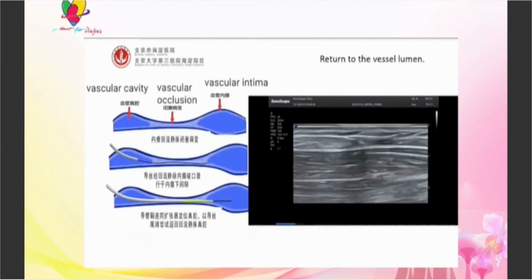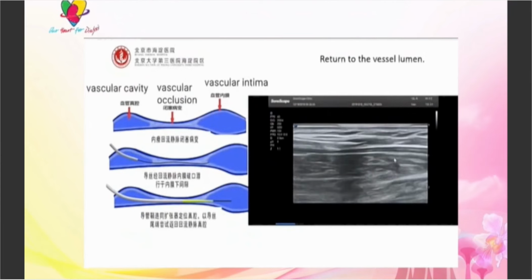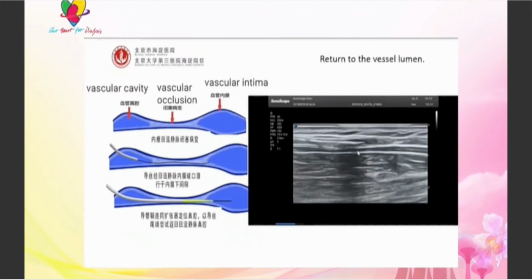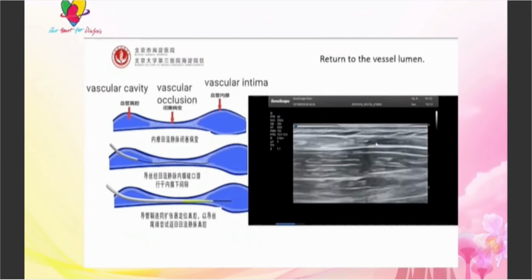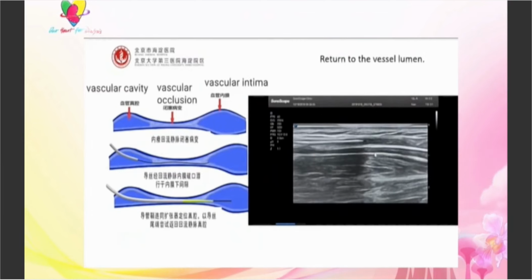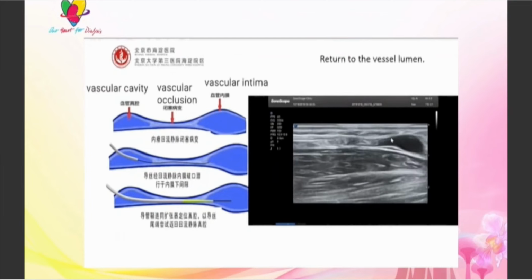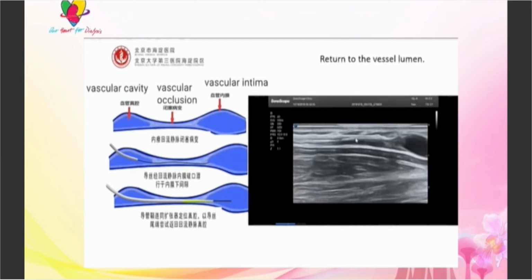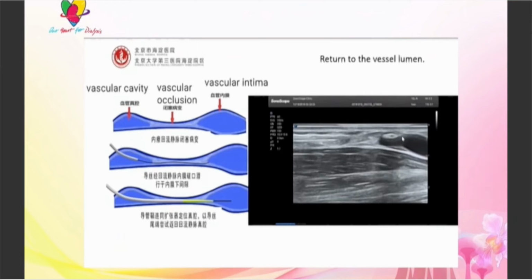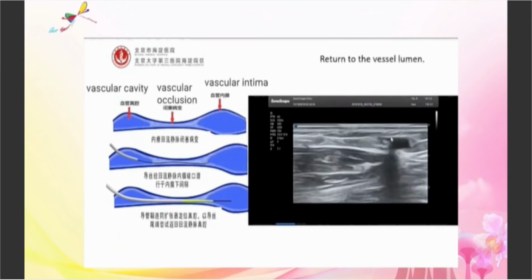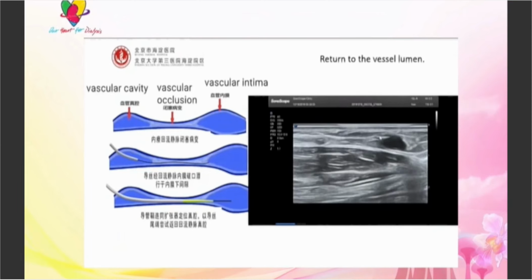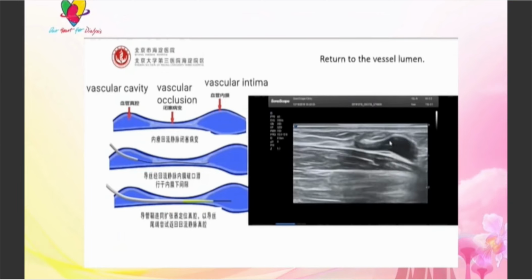There is another method. Look at this case. This is the occlusive lesion. This is a guide wire, very close to the vascular cavity, but still under the vascular intima. Cannot get in.